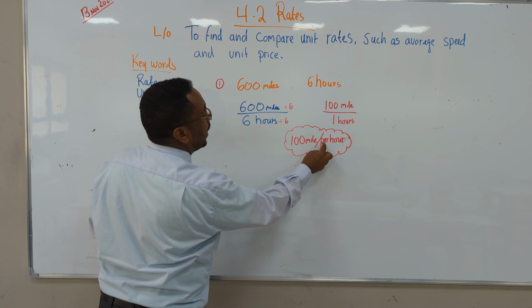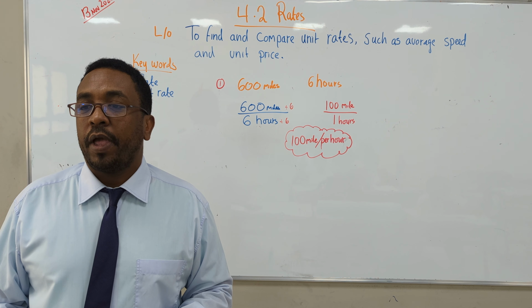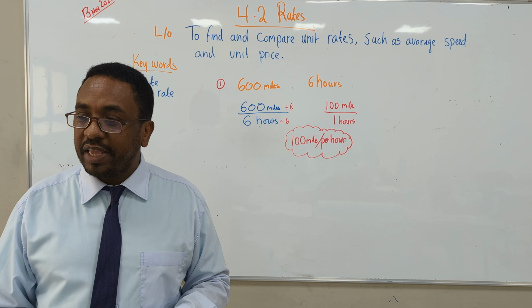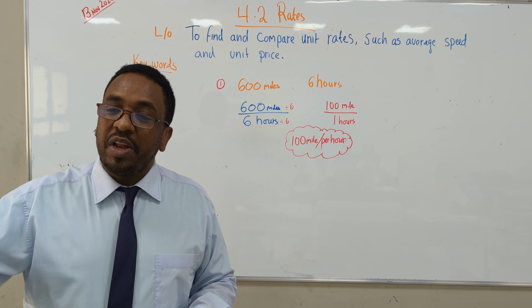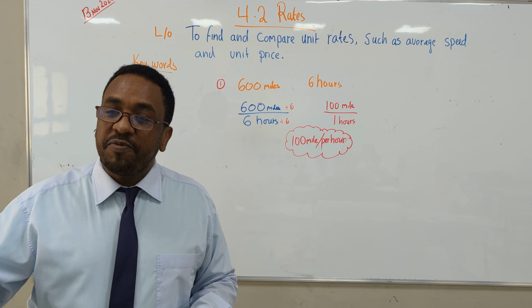This is what we call the average speed. Every 1 hour, they have to go 100 miles if they have to reach there in 6 hours. As long as you are given the ratio, you need to divide, not always by 6, it could be a different number. You look for the number that goes into both of them.